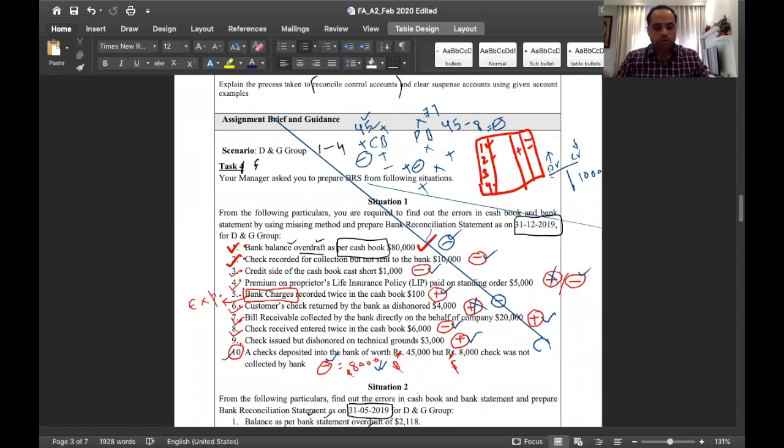So now I want you to prepare cash accounts. I want everybody to prepare cash accounts.